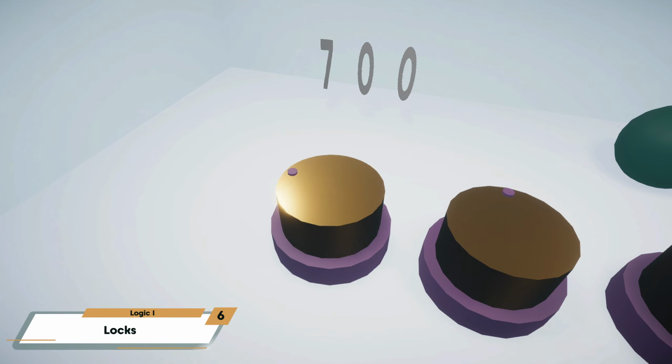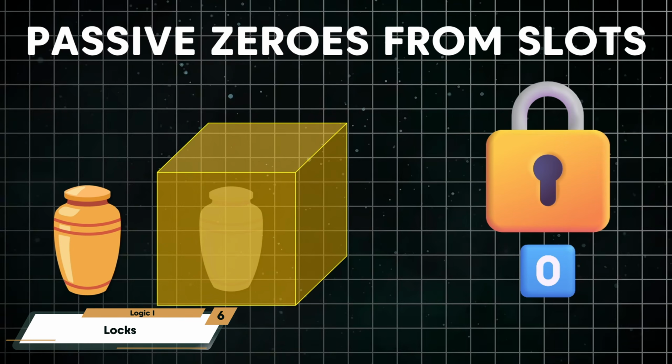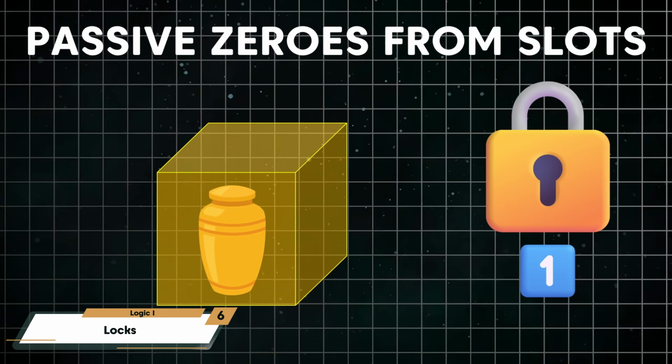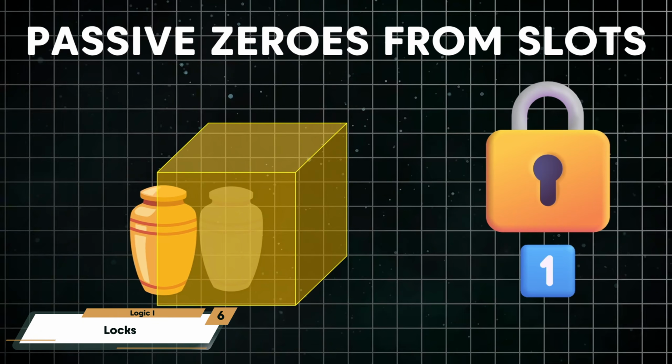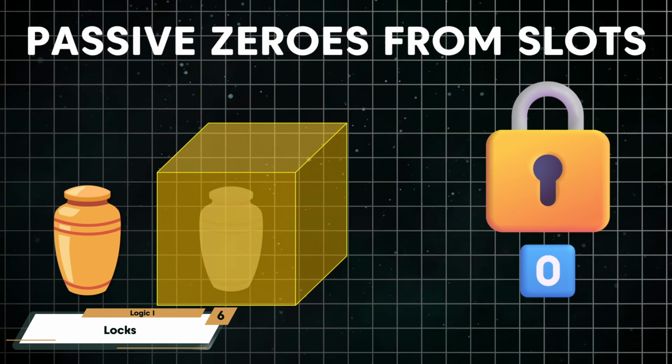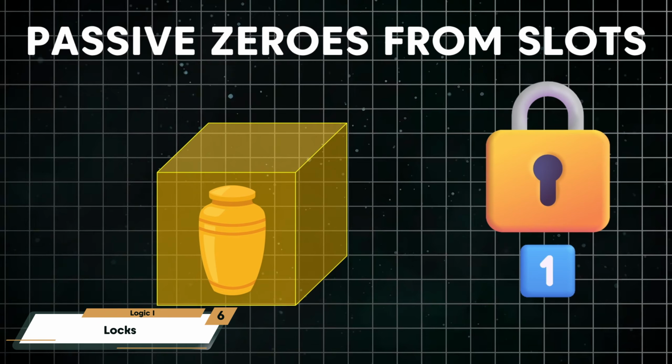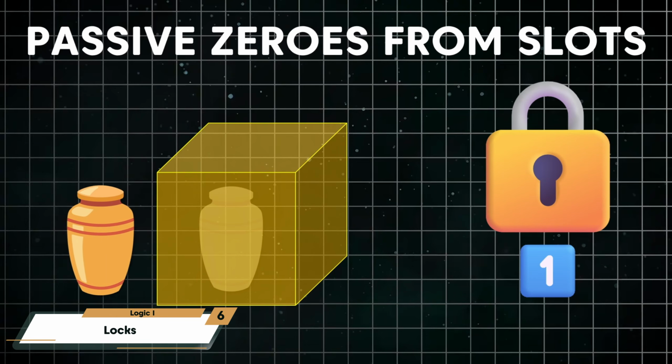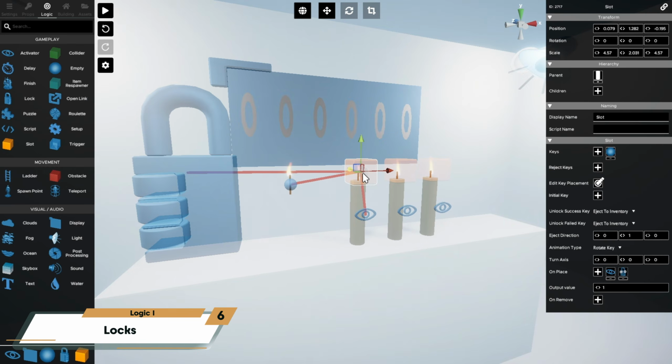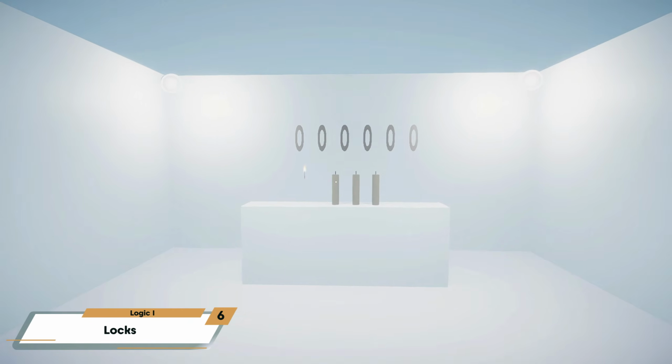Just a note about slots. You can set up slots to send outputs to a lock the same way as any other event, but beware of passive zeros. When slots become empty, they will send a 0 to connected locks. For example, if you're using one match to light 3 different candles, you might expect a password of 111, a 1 for every slot.